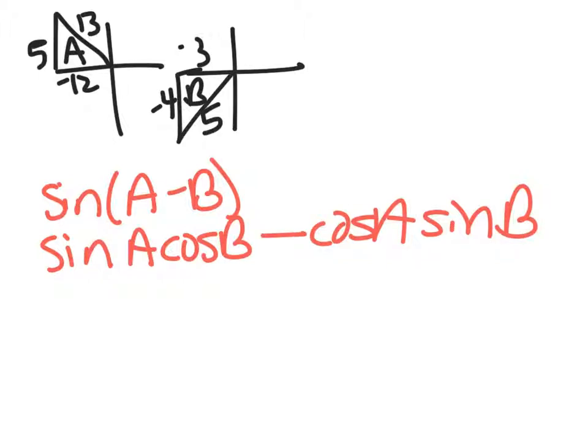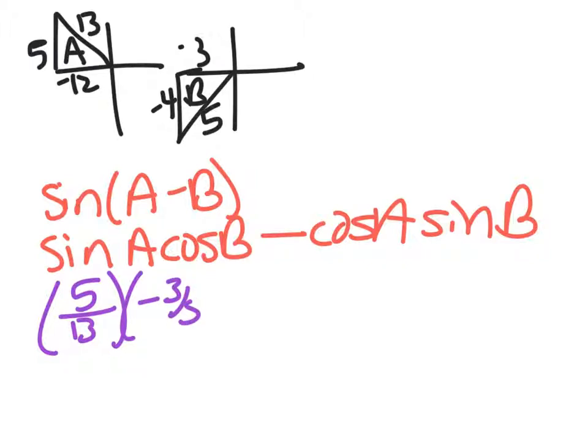So then we're just going to basically get each of these off of the triangles. I want to find sine off of triangle A. So I look at triangle A, and I get my sine ratio, which is opposite over hypotenuse, so it's 5/13. Then I'm going to find cosine of the B triangle, which is negative 3 over 5, minus.